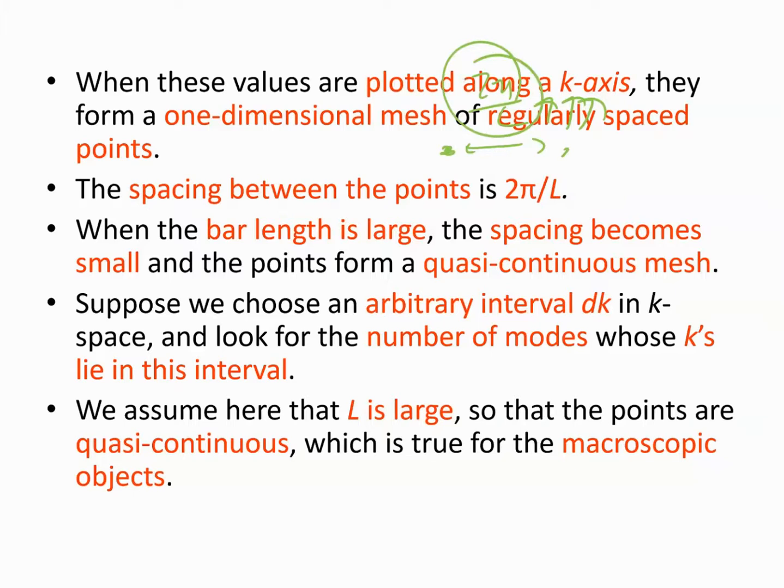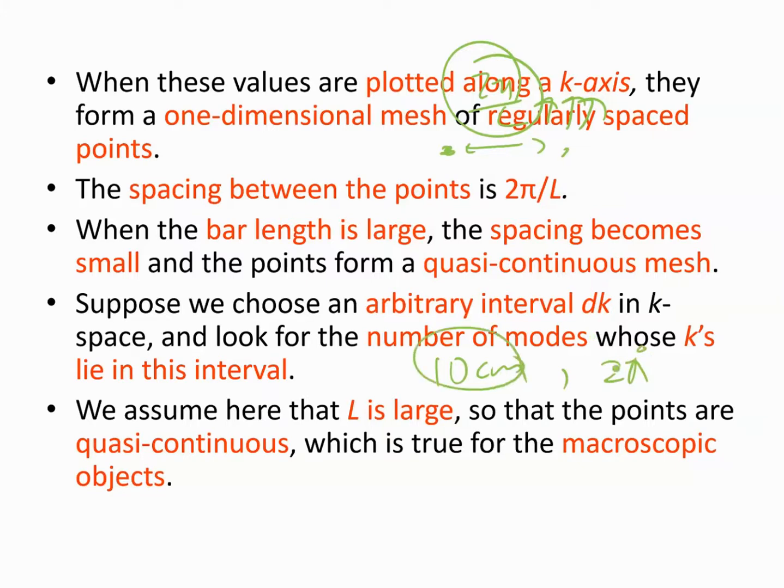Okay, so suppose we choose an arbitrary interval dk in the k space and look for the number of modes whose k is lying in this interval. So we assume here that L is large because the material in the real world is quite large compared with the distance between atoms. In one handful, the dimension is maybe 10 cm, but the distance between atom and atom is just about 2 angstrom.